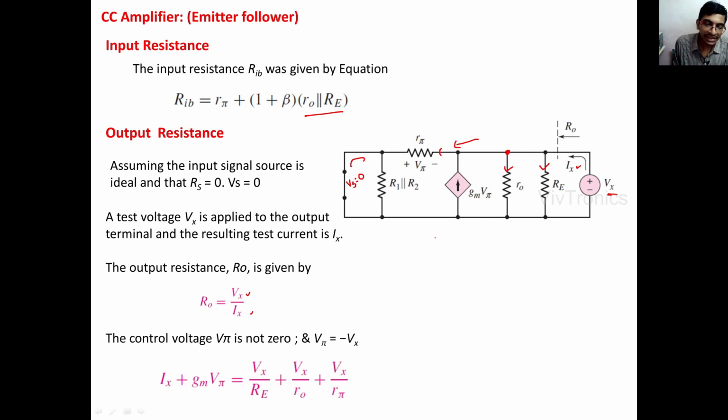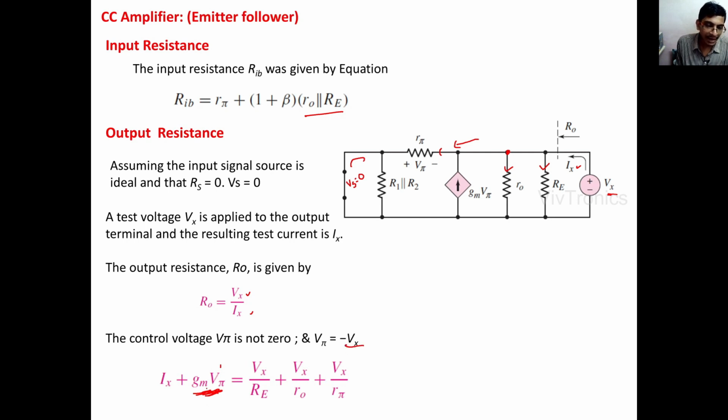Therefore Ix plus GM V pi is equal to Vx by Re plus Vx by R naught plus Vx by R pi. Here we can substitute V pi as nothing but minus Vx. In this GM V pi term, instead of V pi we can substitute minus Vx.